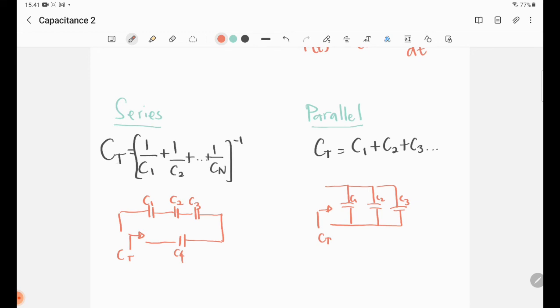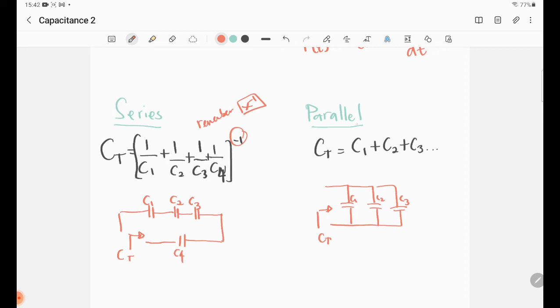The total capacitance will be 1 over C1 plus 1 over C2 plus 1 over C3 plus 1 over C4, and then inverse. Remember to use the x minus 1 key on your calculator, which means 1 over.